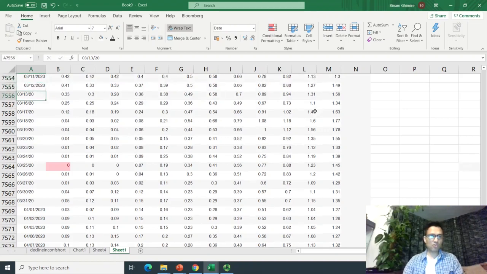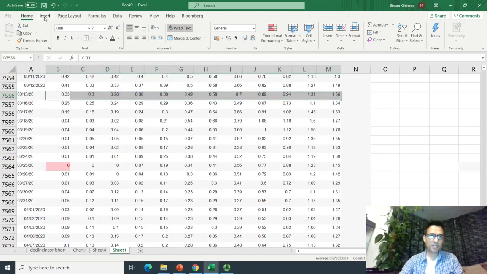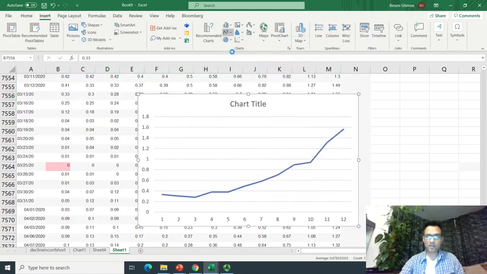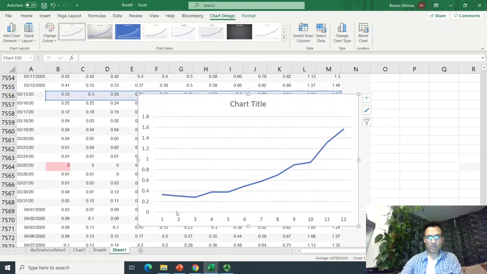So if we see the yield just before that, I'm taking the 13th of March, and my understanding is that the yield was then normal. So let's see. Yeah, this is the case. With the maturity, the yield is upward rising. So this is the case of a normal yield.